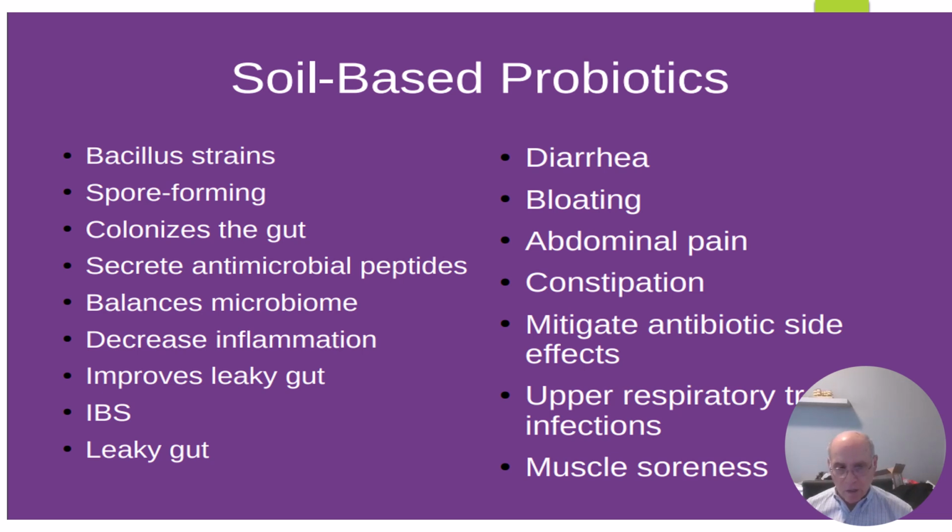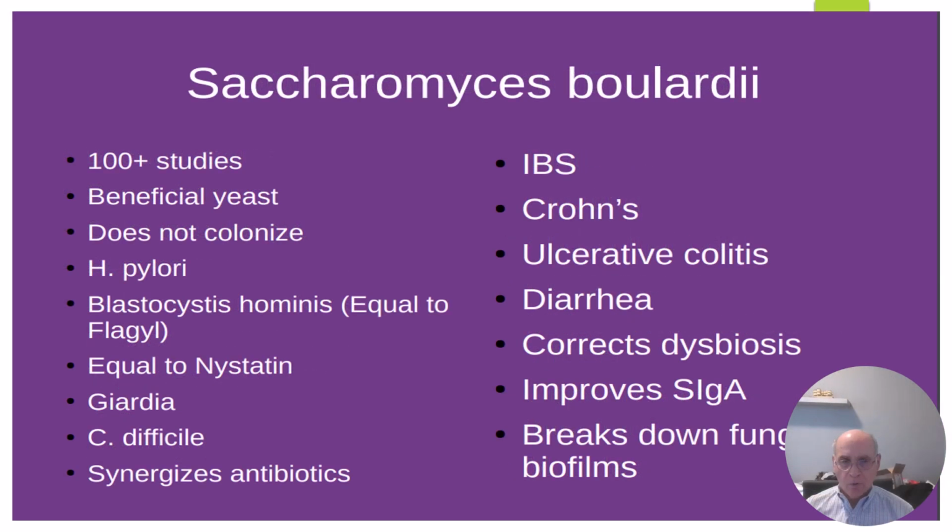It's more of a bacillus strain, reduces inflammation, improves leaky gut, helps with irritable bowel syndrome, certainly with constipation, bloating, diarrhea. So my choice is to use a soil-based or bacillus spore type of probiotic, and Saccharomyces boulardii.